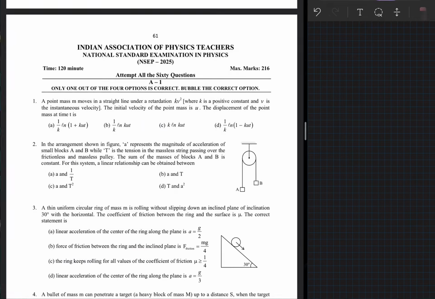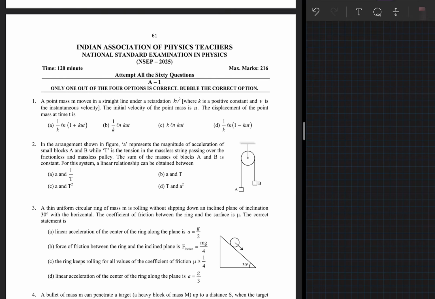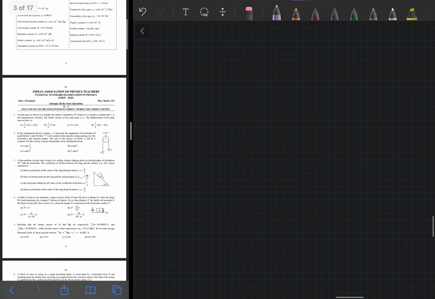Let me look at it. kv square. Okay, so we are given retardation, which is nothing but negative acceleration. So you can write a, which is acceleration, as minus kv square.